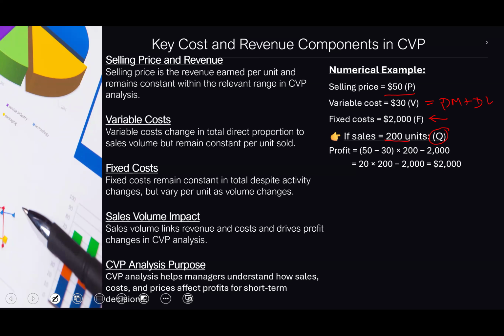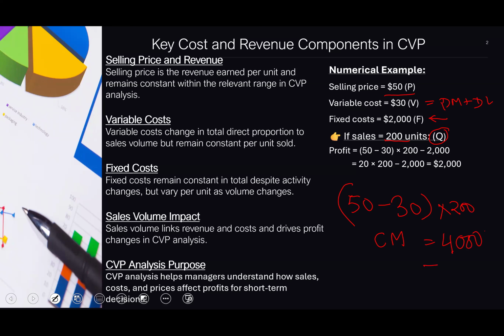So selling price of 50 minus variable cost of 30 is going to give me what I'm going to define on the next page as my contribution margin per unit. For 200 units, I will receive 20 times 200, equal to $4,000 of contribution margin.